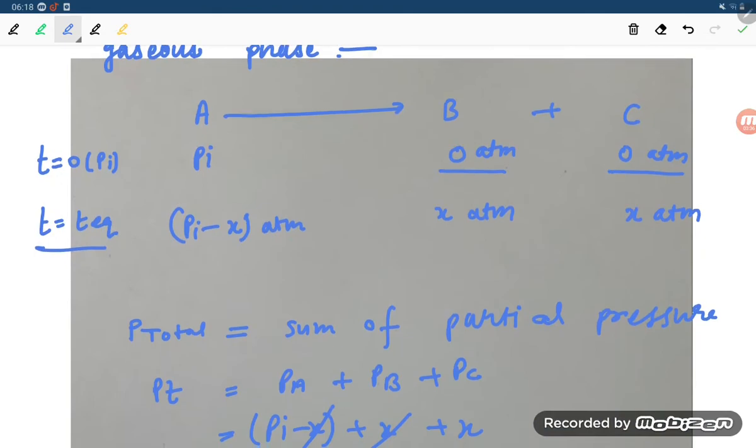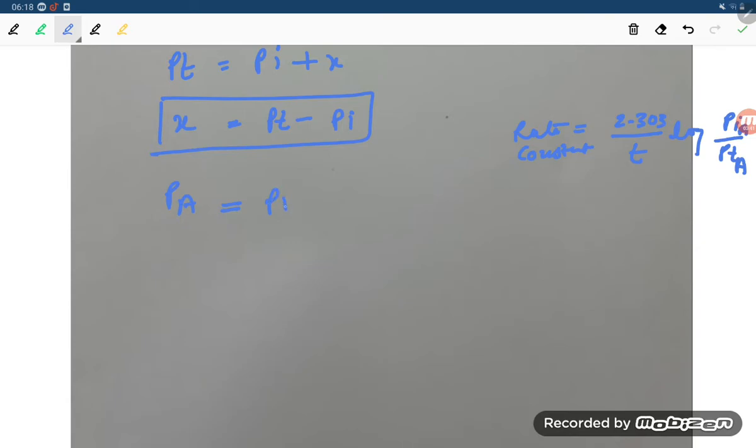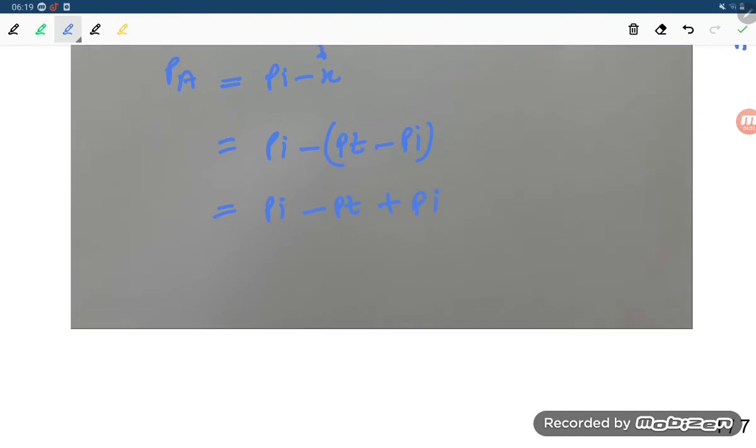From the equation, PA is Pi minus X, and X is P total minus Pi. So PA is equal to Pi minus Pt plus Pi, that is 2Pi minus Pt. This is PA.